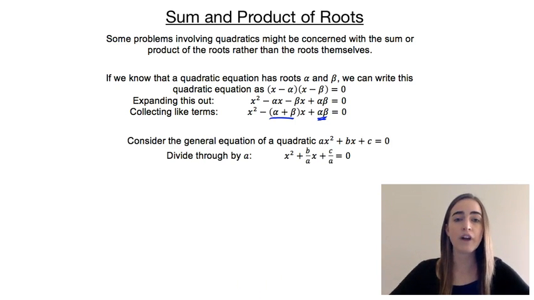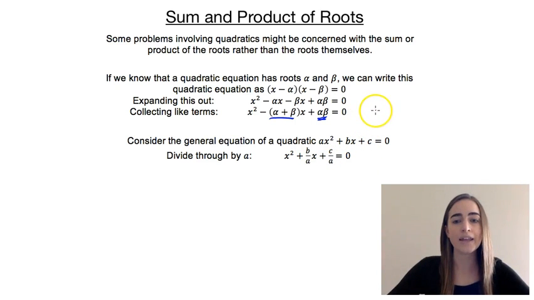Usually when we're writing a quadratic equation in general form, it looks something like ax squared plus bx plus c equals 0. If we rearrange this to make it a monic quadratic, we divide everything by a. So we'd end up with x squared plus (b over a)x plus c over a equals 0.